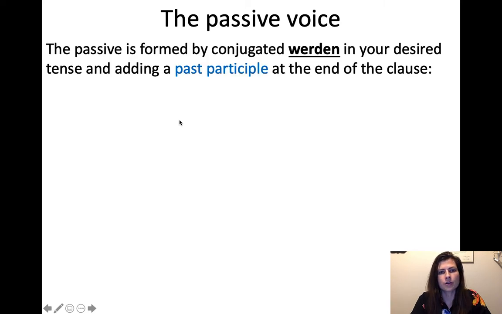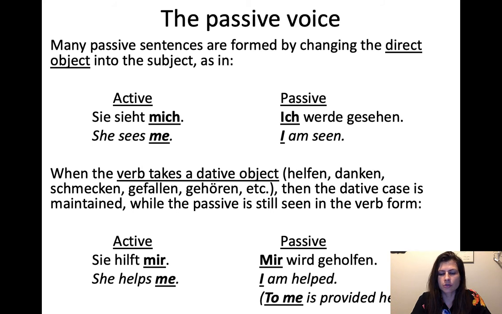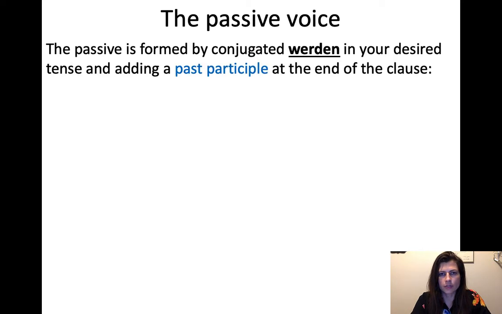Okay, so all of that was just showing you the usage, like how and in what context it shows up. But then we need to actually look at how to form these verbs, right? So how you make the passive is you take werden in your desired verb tense, in the time you want, past, present, future, whatever, and then you add the past participle at the end of the clause.